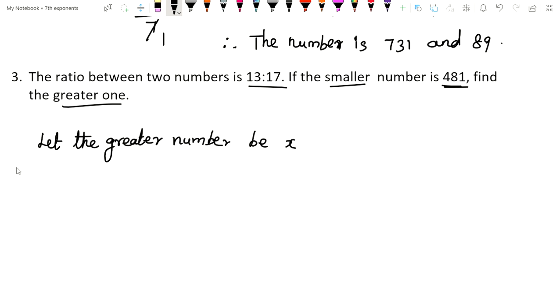So the ratio between the smaller number and the greater number equals 13:70. How can you write this? 481 is to x. 481 by x equals 13 by 70.